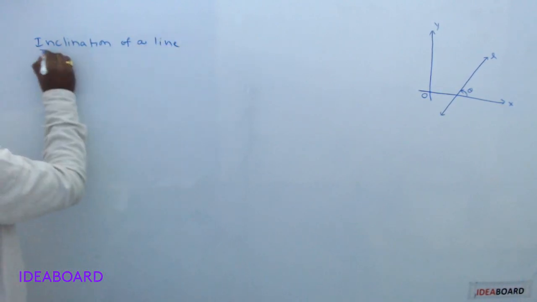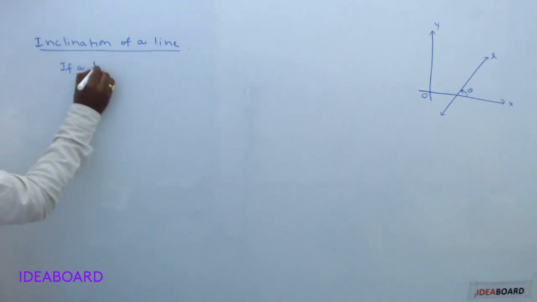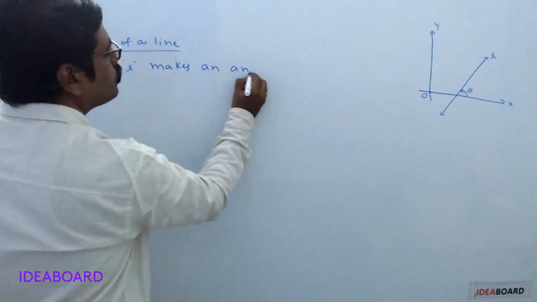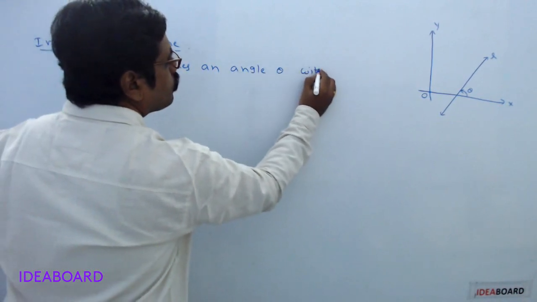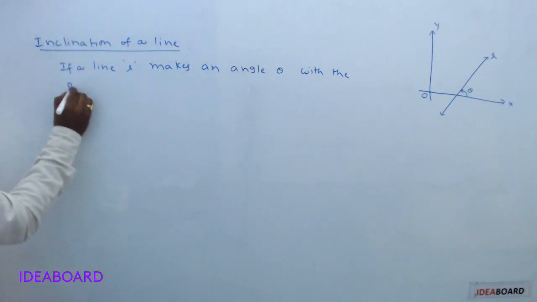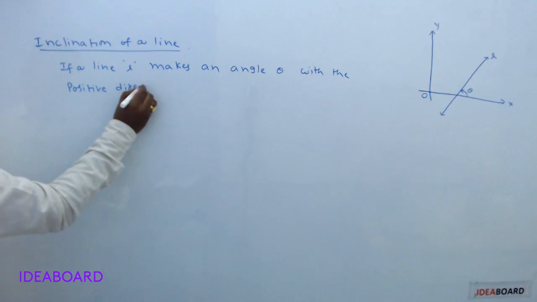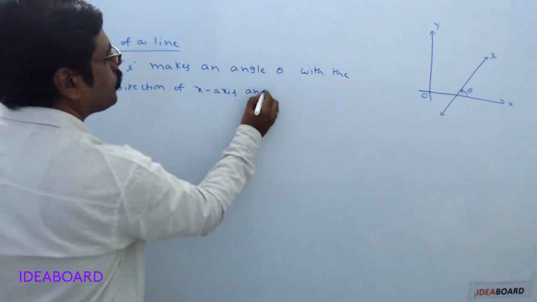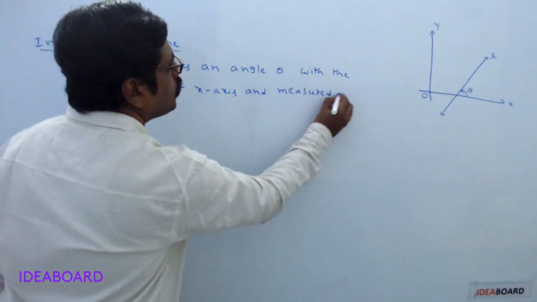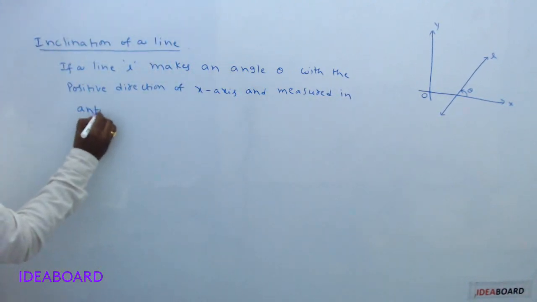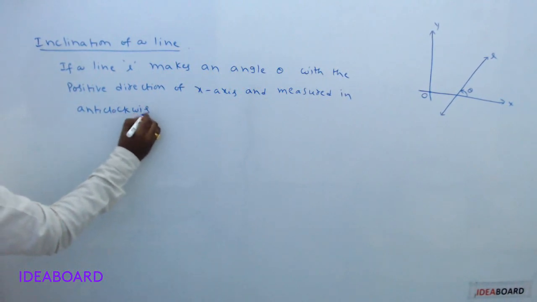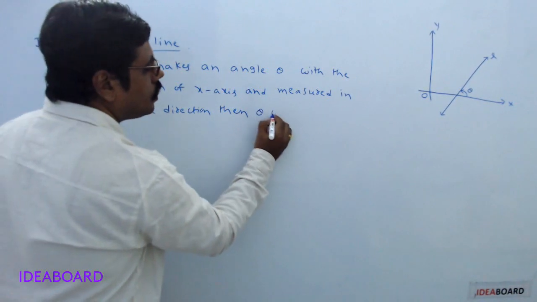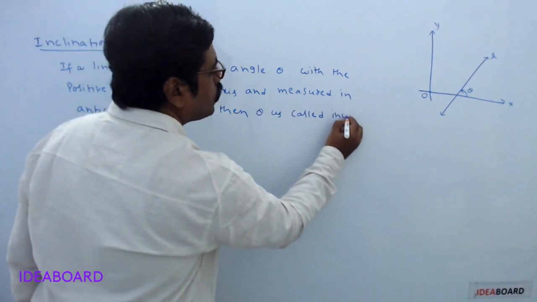Inclination of a line. If a line L makes an angle theta with the positive direction of x-axis and measured in anti-clockwise direction, then theta is called inclination of the line.